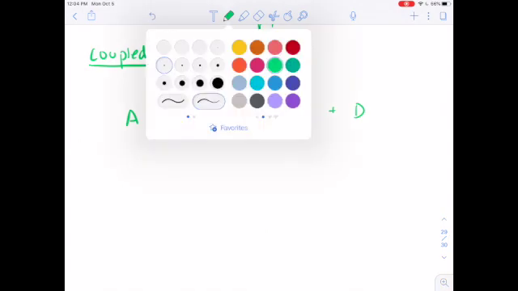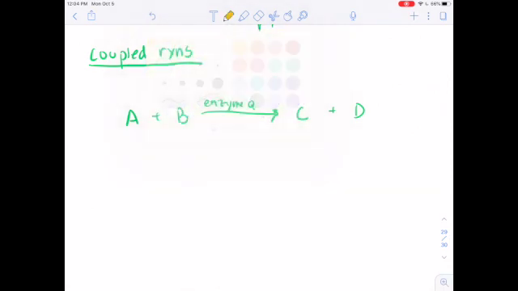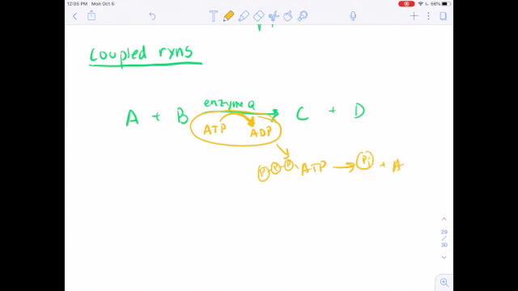I know you will see in your book something that looks like this: ATP becoming ADP. And they'll have this reaction arrow bouncing off the main reaction arrow. What this really means is ATP, with its 3 phosphate groups, losing its phosphate group, becoming ADP, and releasing energy.